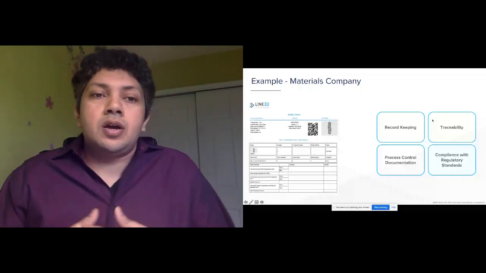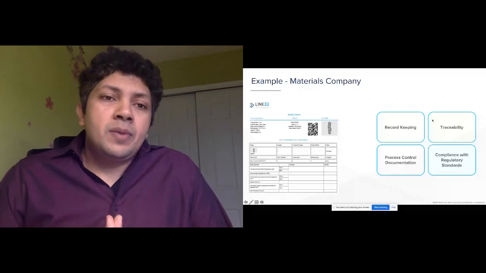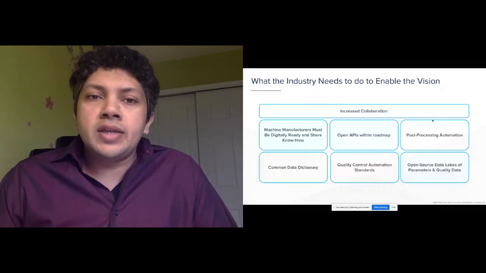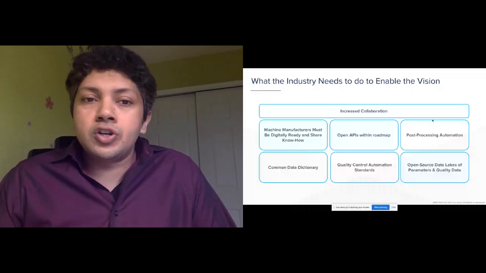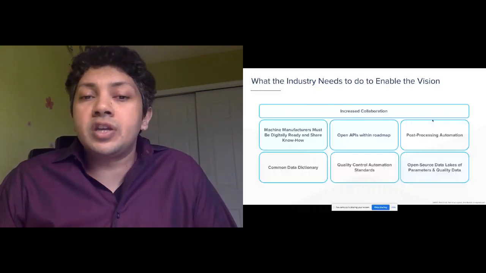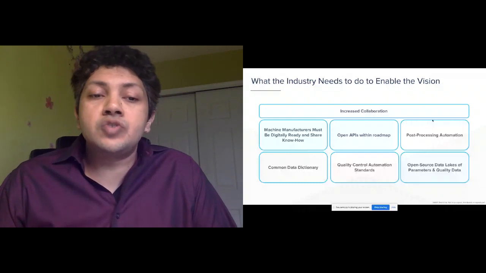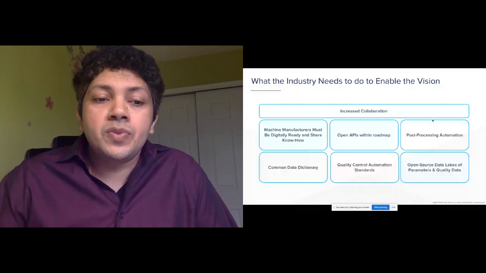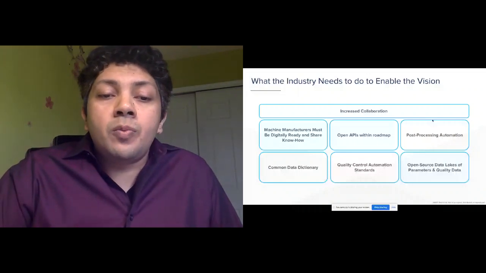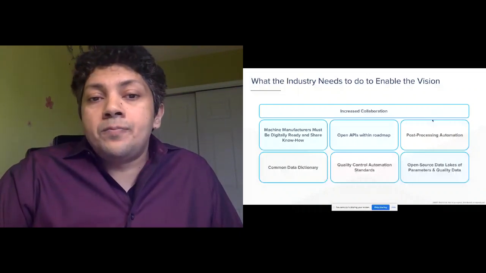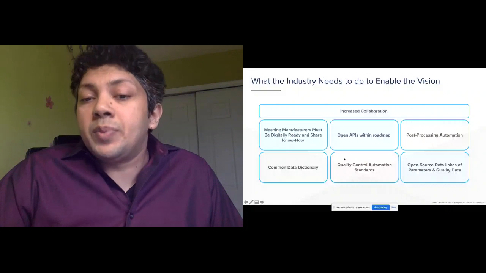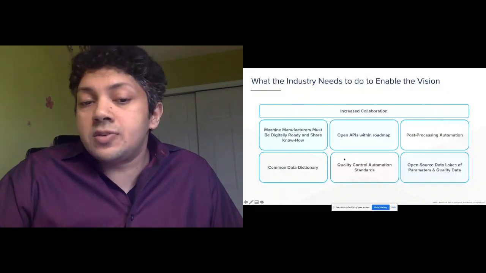So what's next? My belief is that for automation and standardization to further grow, there is a need for increased collaboration. The machine makers need to step up and share their know-how with the rest of the industry. There is a need to create common data dictionaries. Software and hardware providers need to have a more open and collaborative environment and share their APIs, creating API-friendly systems.